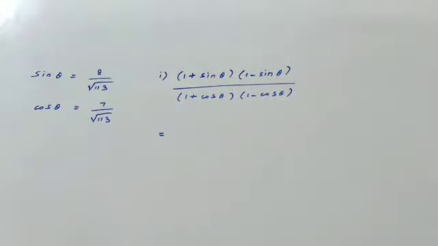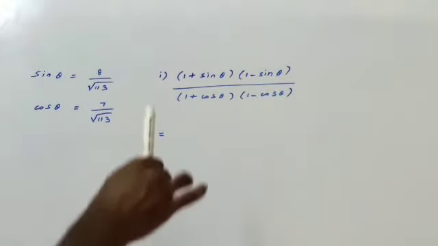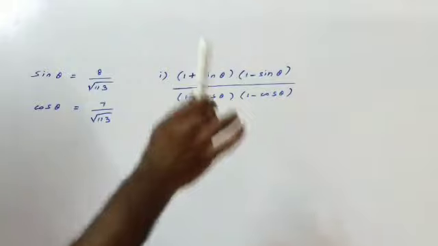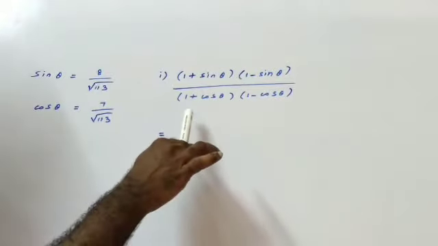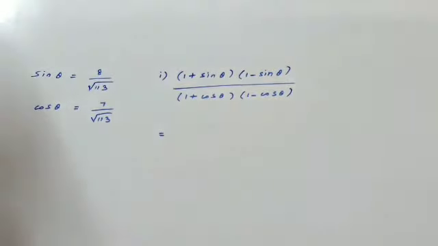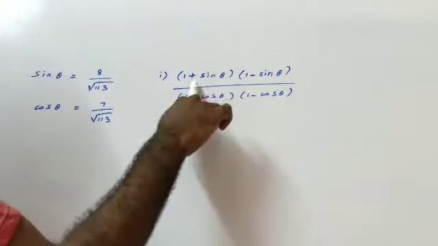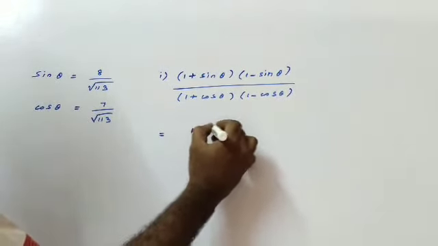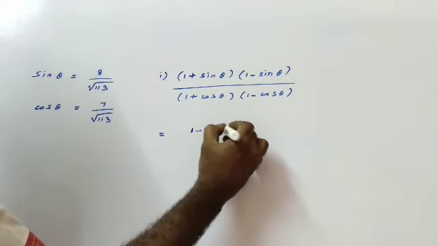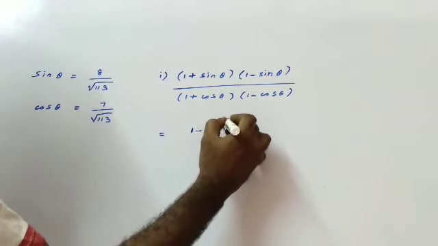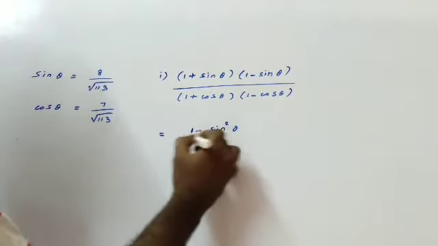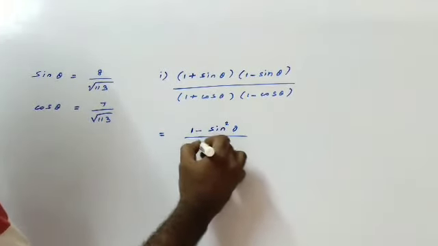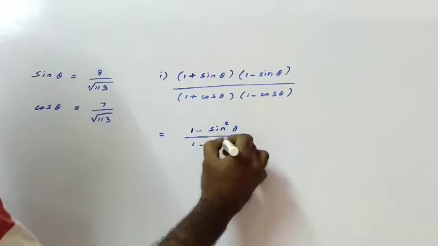So in the first subdivision, it looks like the (a plus b)(a minus b) formula, and in the denominator also the (a plus b)(a minus b) formula. So the formula is a square minus b square. (1 plus sin theta)(1 minus sin theta) gives 1 minus sin square theta, because the value of 1 square is 1. So 1 minus sin square theta by 1 minus cos square theta.